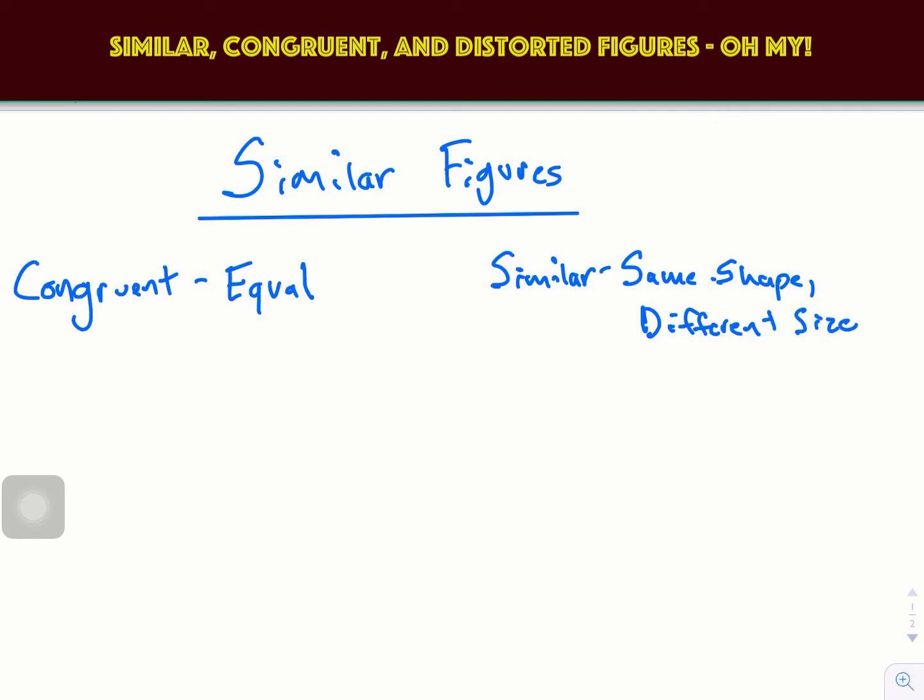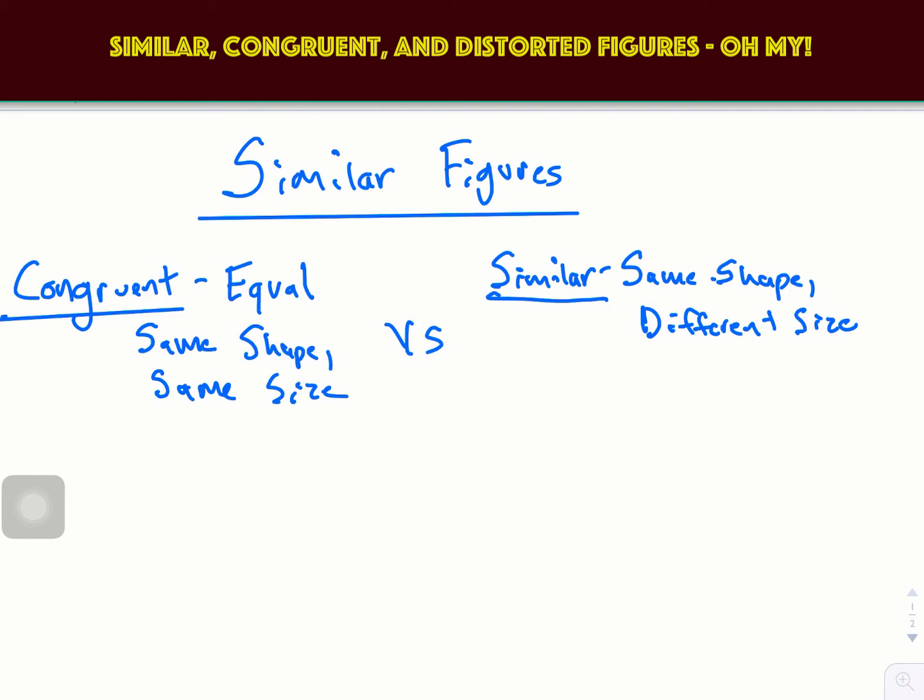So congruent is equal, which is same shape, same size. Similar would be different size. So congruent and similar are similar to one another, in which case they have the same shape, but congruent is exactly equal, so same shape and same size.